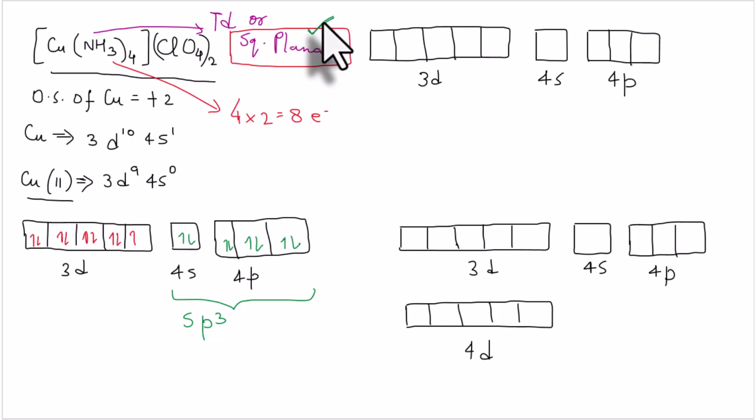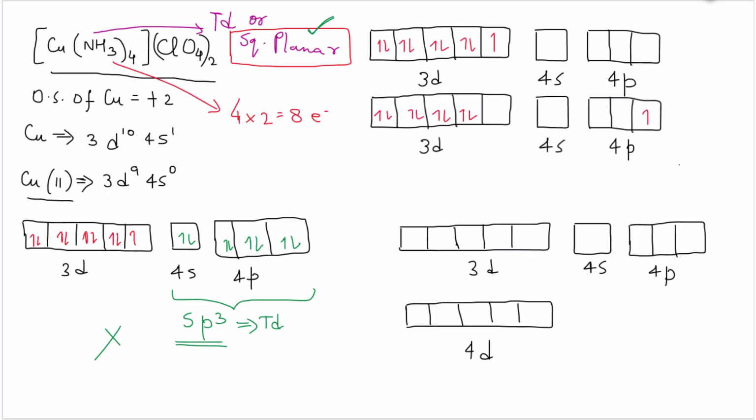Now when scientists identified this complex as square planar, that means this filling of electrons and the conclusion regarding the hybridization is absolutely wrong. This way only tetrahedral geometry can exist. Now what to do when the geometry is identified as square planar from experimental studies? Now we have to accommodate and think in that way.